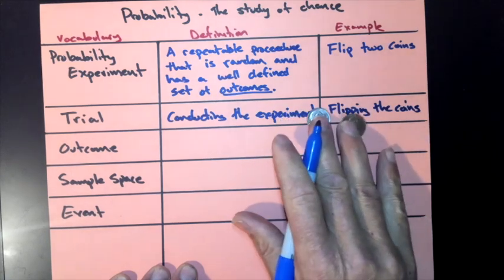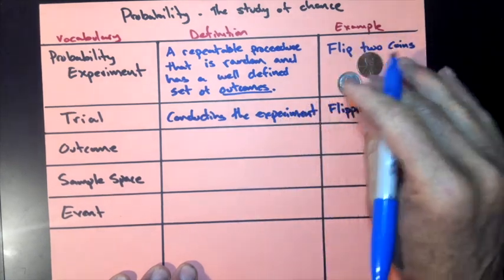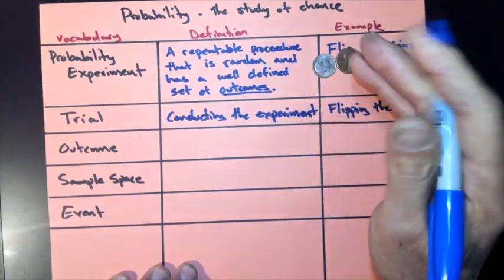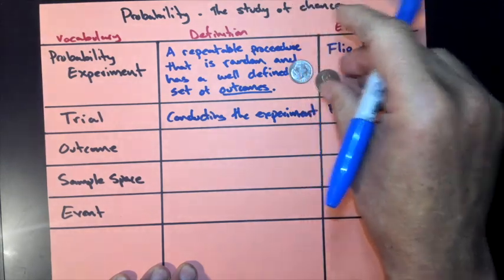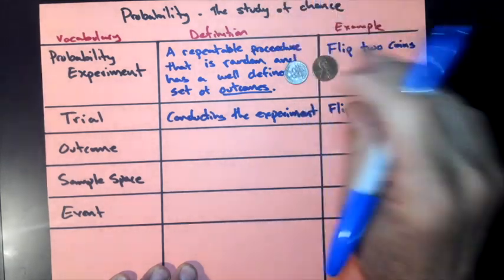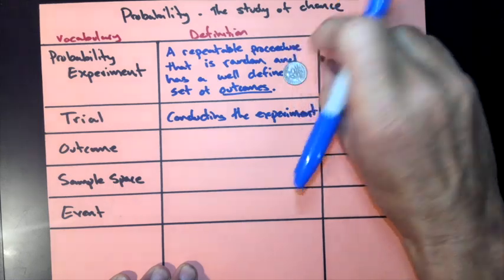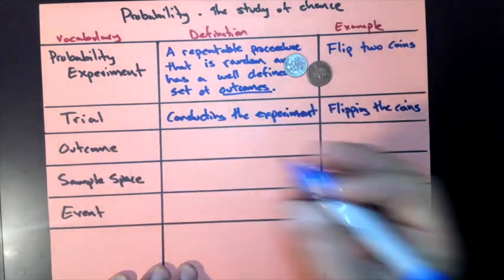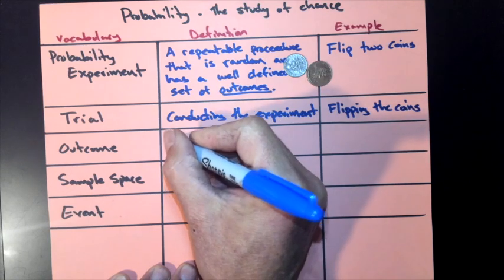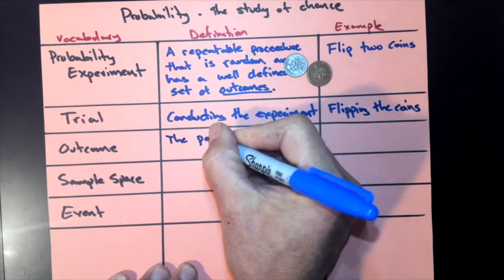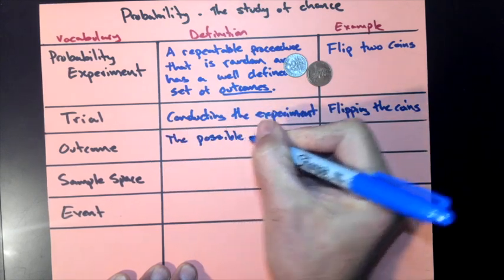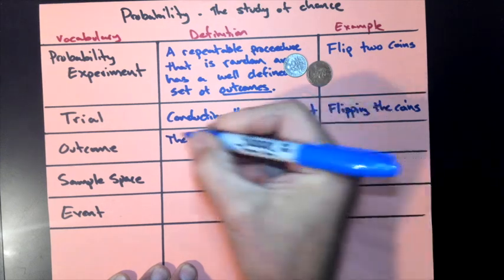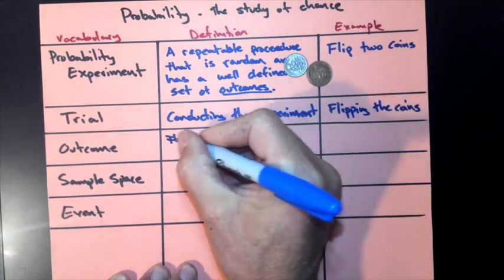So an outcome is like heads heads. That's an outcome. It might be important to know which coin we got the heads on. Like what if we got a heads just on one of them? Like there's a penny and a dime here. Well, whatever. But the outcomes are the possible results. Well, actually, I should say a possible result.